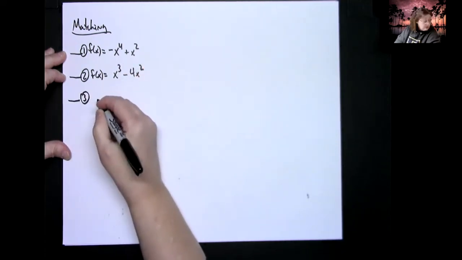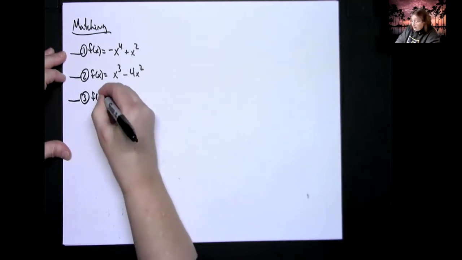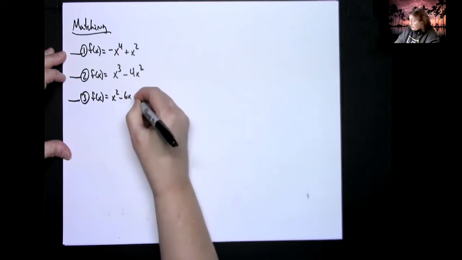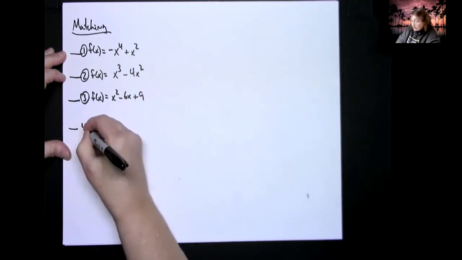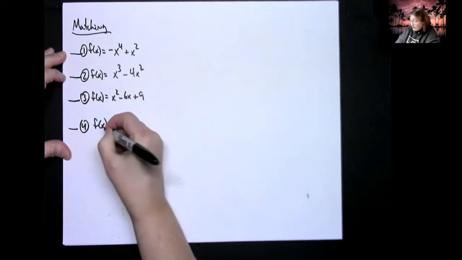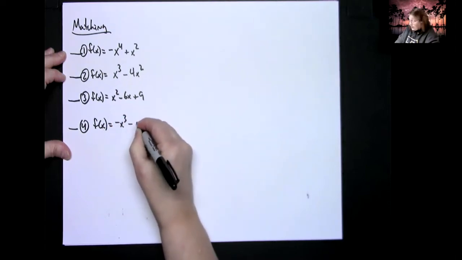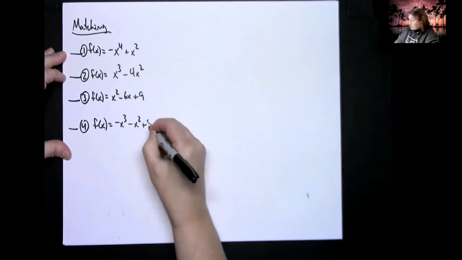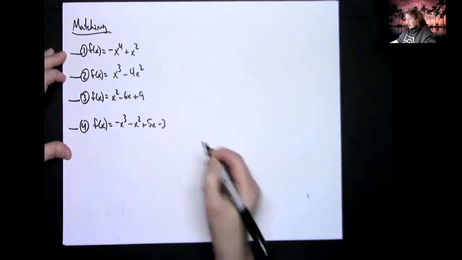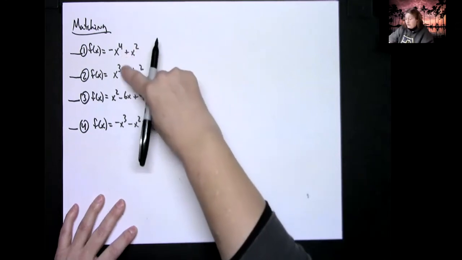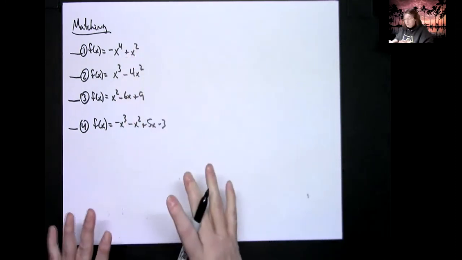Then as a third function, f of x equals x squared minus 6x plus 9. And then f of x equals negative x to the third minus x squared plus 5x minus 3. Clearly I've made these really simple because I've kept the leading exponent small. They're all in standard form.